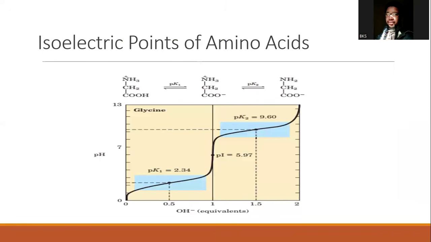And how do you determine the isoelectric pH? You add the pKa of the two groups, the amino group and the carboxyl group, and then divide by 2. This is for an amino acid that contains only one amino group and only one carboxyl group.